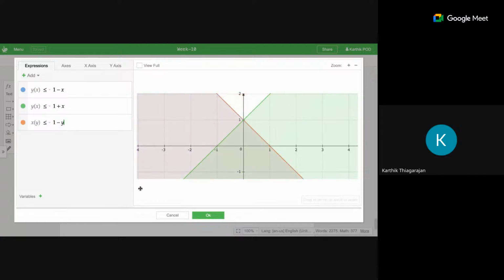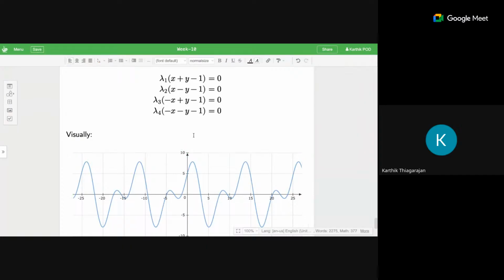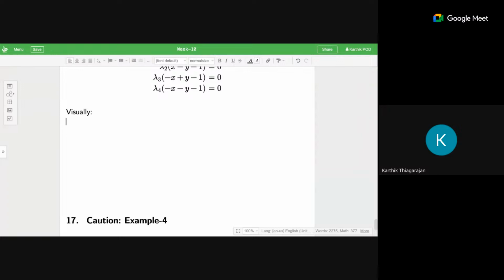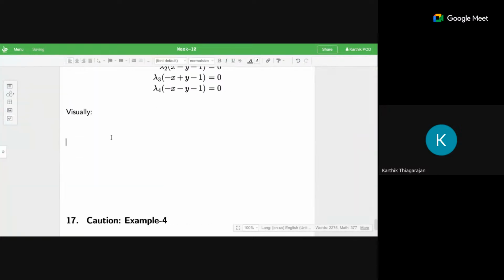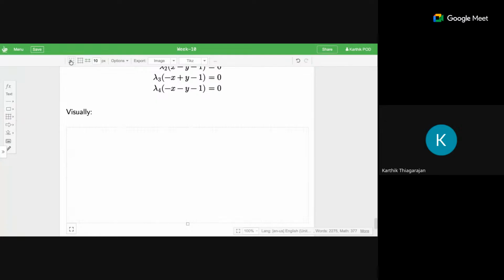Okay, what am I missing? In fact, sorry, it's easier for me to draw it freehand rather than give it to you this way, because I'm not able to figure out exactly what these inequalities are. So I'll put it this way.